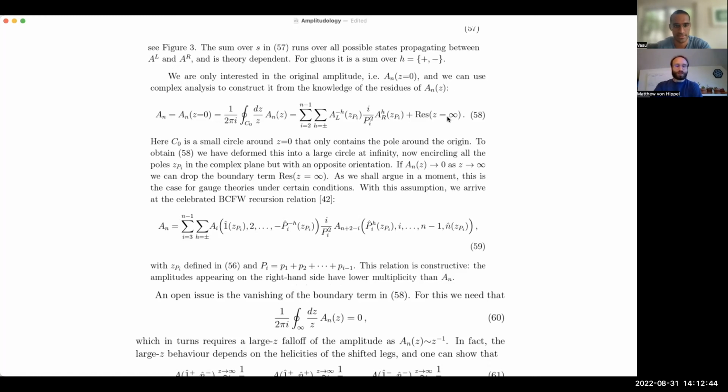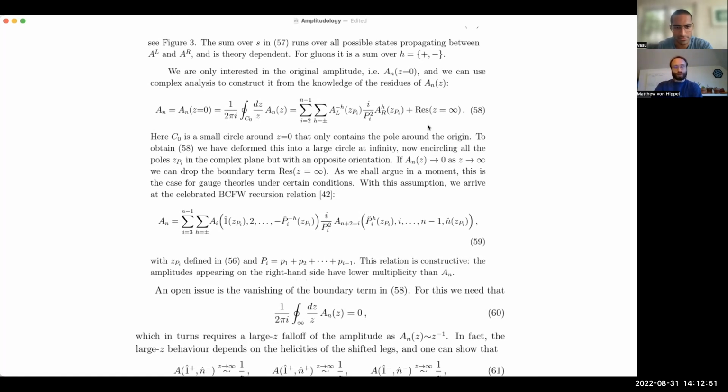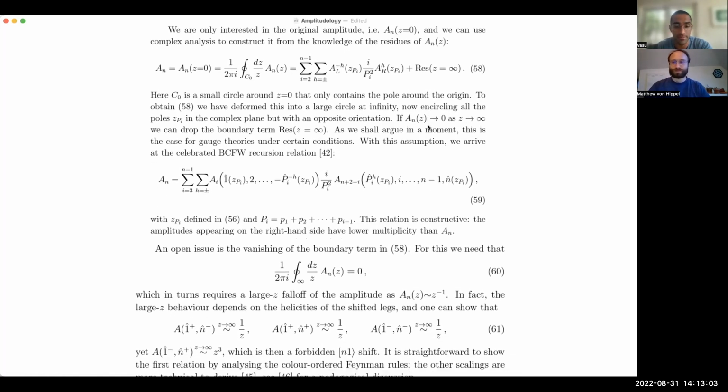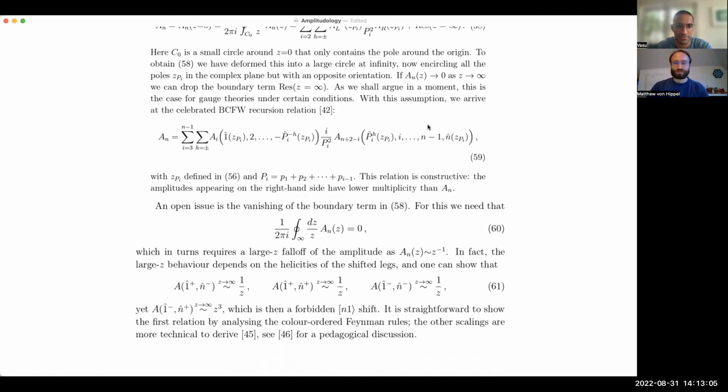But luckily, all the cases that we like either have this property, or, I don't know if they discuss the situation with gravity here. With gravity, it doesn't quite have this property, but it has enough of it that you can still do BCFW. Very cool. I haven't gotten as far as gravity just yet.